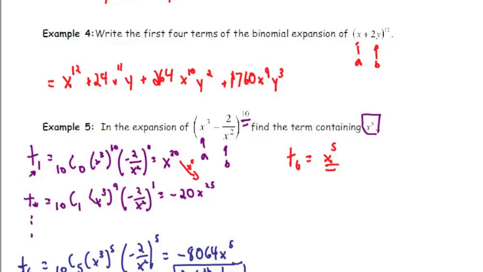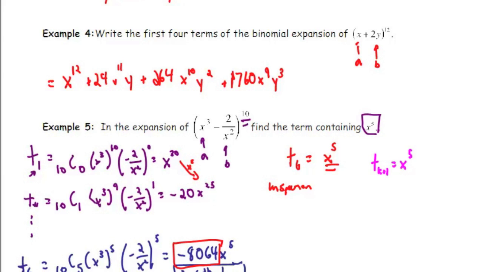So if T1 is 30, T2 is 25, T3 then has to be 20, T4 15, T5 10, which means just by inspection, T6 has to have x to the power of 5 in it somewhere. Obviously, we don't have the exact value because there is this coefficient out front that we haven't accounted for, but we know that it has to be T6.